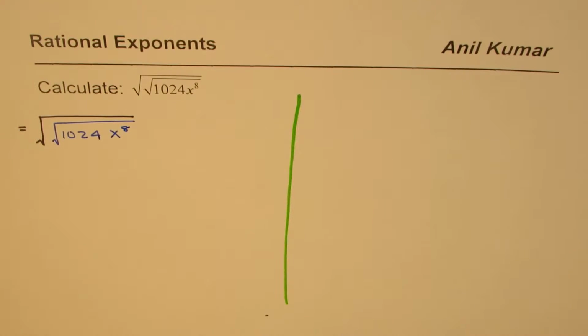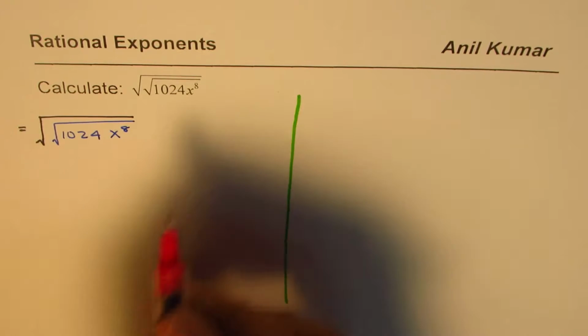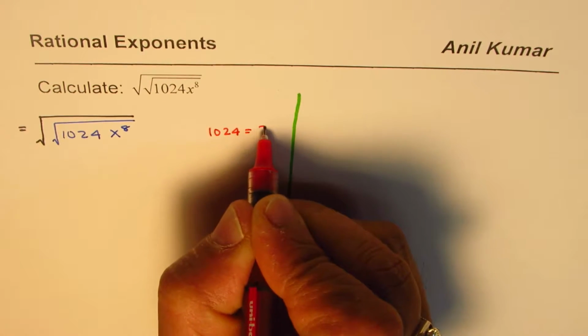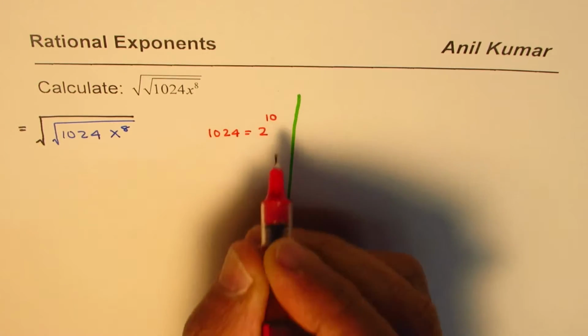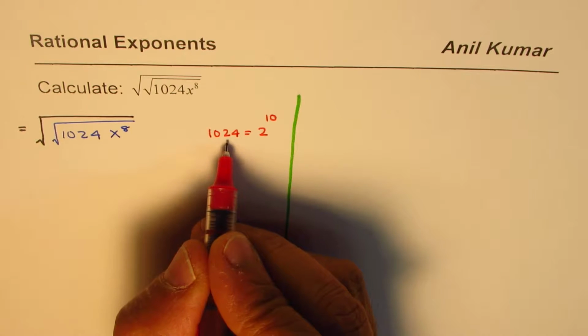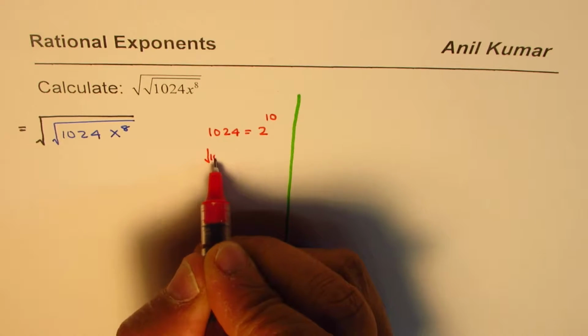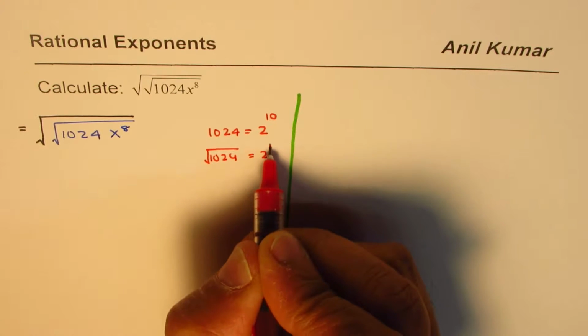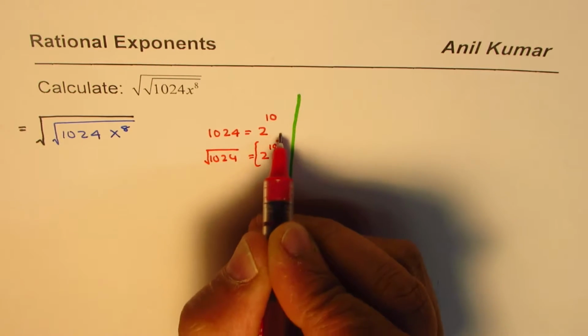Now, as you know, 1024 could be written as a power of 2. Well, 1024 is a kilobyte. It could be written as 2 to the power of 10, right? So if I want to find the square root of this, that means the square root of 1024 will be 2 to the power of 10, half of that.